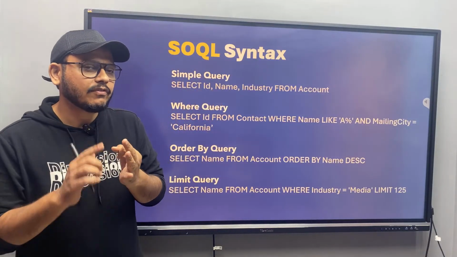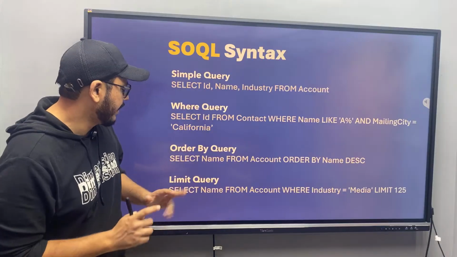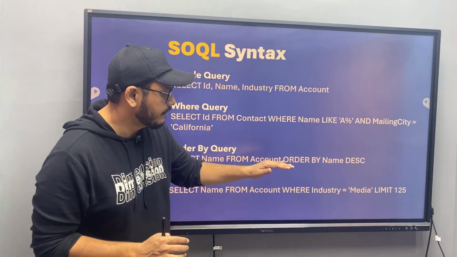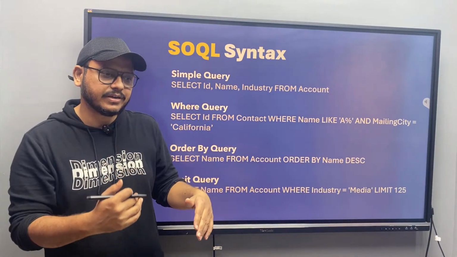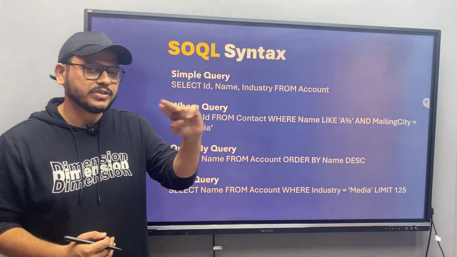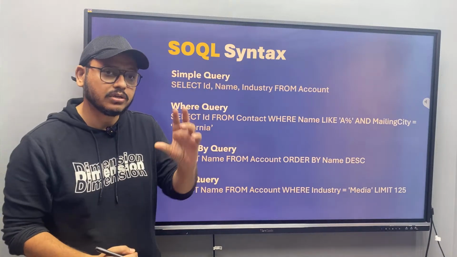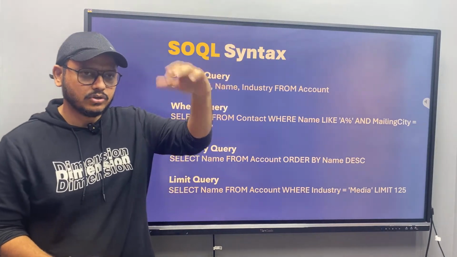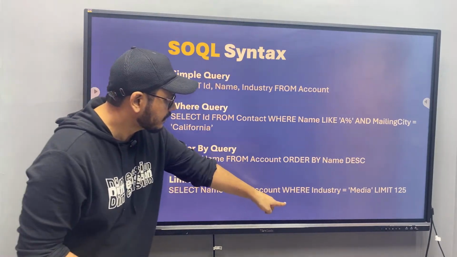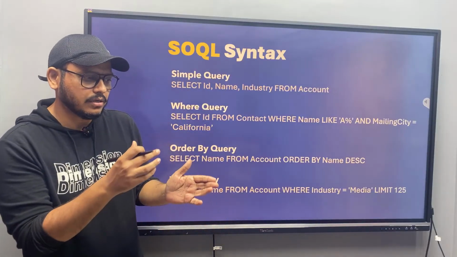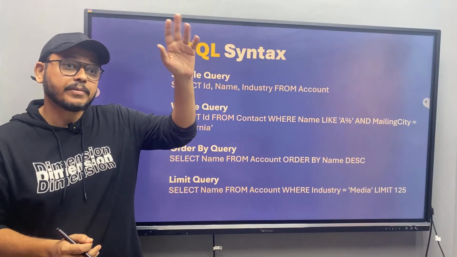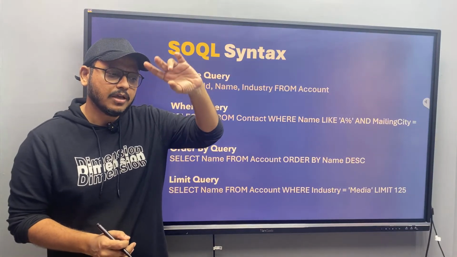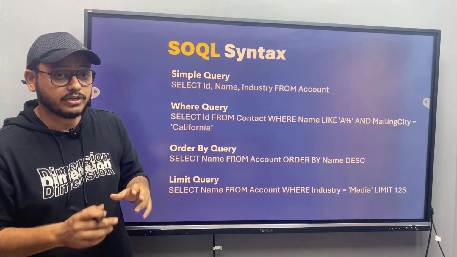Here we will be using both order by and limit. With order by, we can sort the list of opportunities using the amount in descending order, so the highest amount comes at the top. Then if I also club limit functionality with it, the opportunity with the maximum amount will be at the top.